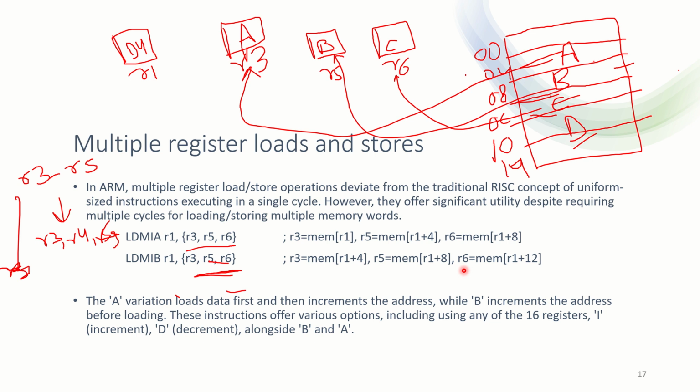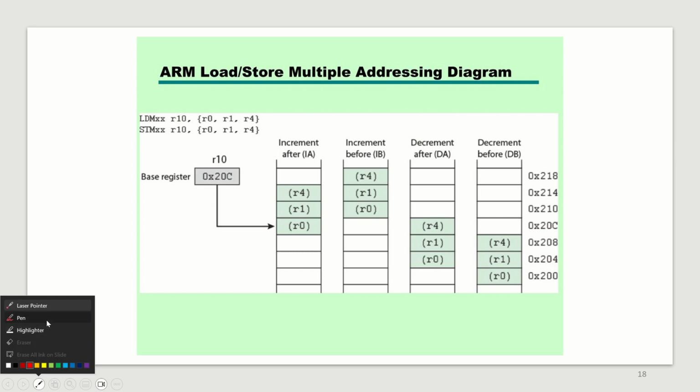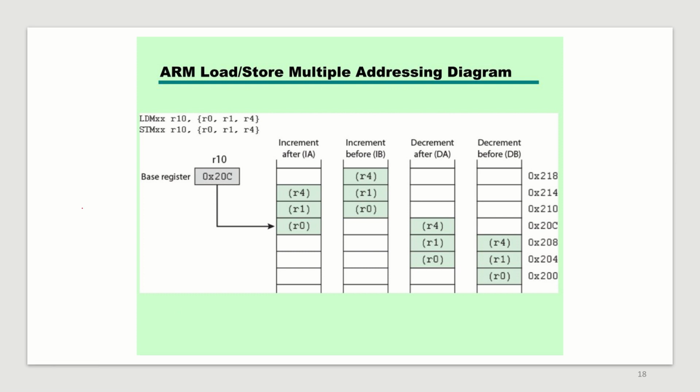So there are various variations with I and D alongside A and B. If you just see this example, it will be very clear. If you understand this example, nothing more is needed. See here memory is there. For this time, don't think about the values written here. This is the memory.